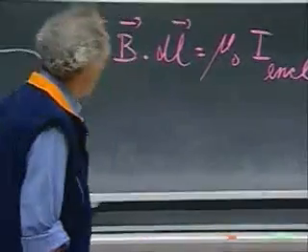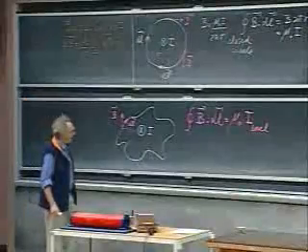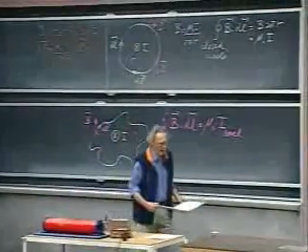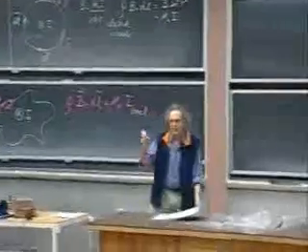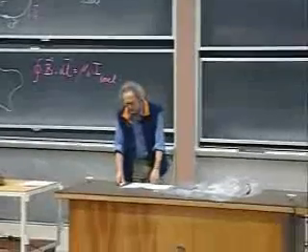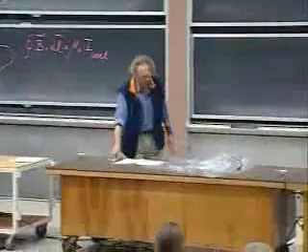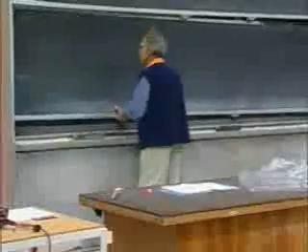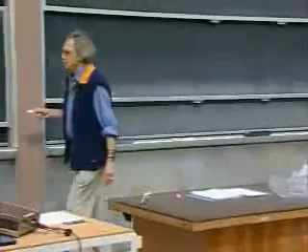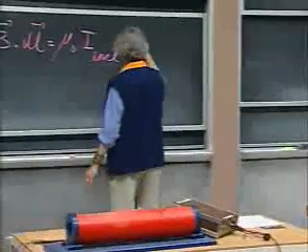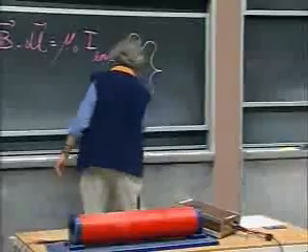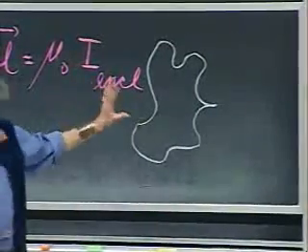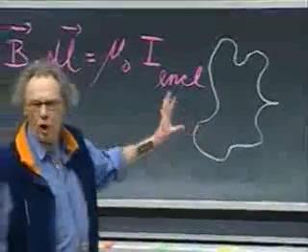What is a little bit ill-defined in this equation is what we mean by enclosed. And I'm going to define that now so uniquely that there is never any misunderstanding. If I have a very strange looking closed path that I have chosen, that's the path I walk, I have to attach to that closed loop a surface, an open surface.